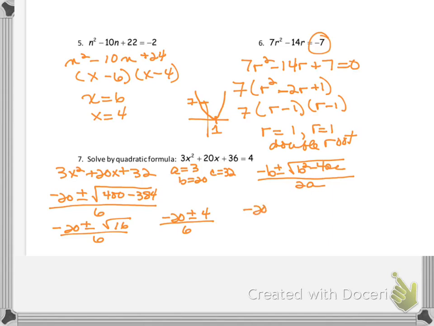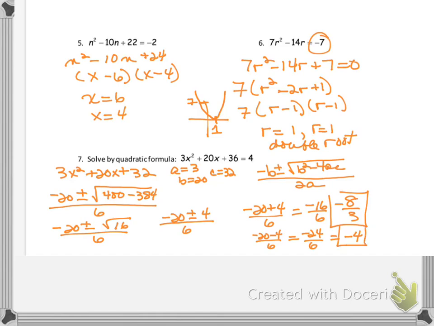So negative 20 plus 4 over 6 gives me negative 16 over 6, which can be reduced to negative 8 over 3, and that is one of our roots. Okay, let's go to the bottom now. Negative 20 minus 4 over 6, so that's negative 24 over 6, which is going to give me a root of negative 4. So I have one whole number and one fraction. Those are my two roots, and I solved that by quadratic formula.